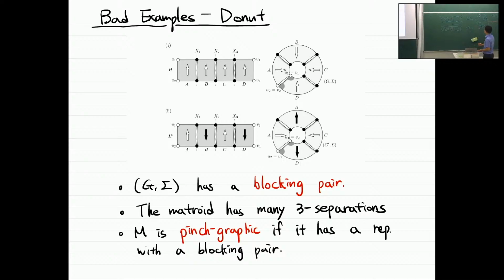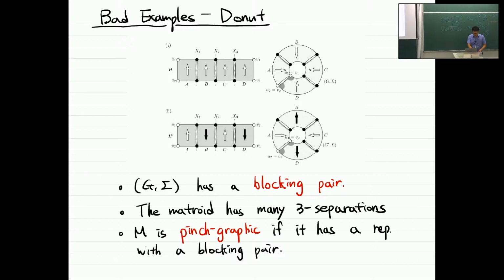We proved that if we exclude these conditions, then we have a polynomial number of representations. This is why we consider this class, called pinch-graphic matroids. M is pinch-graphic if it has a representation with a blocking pair like this.